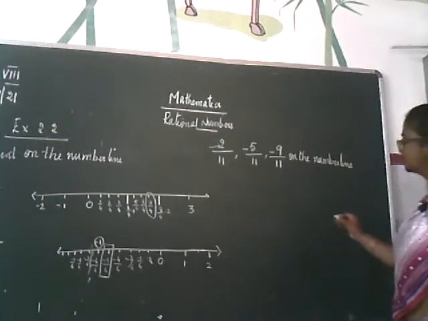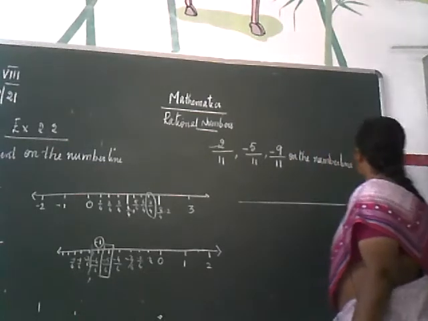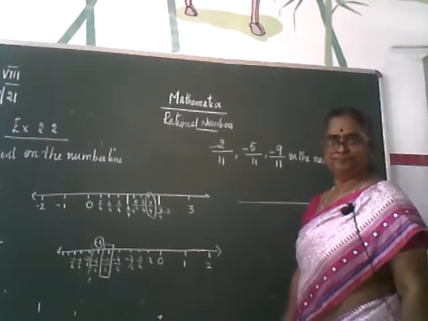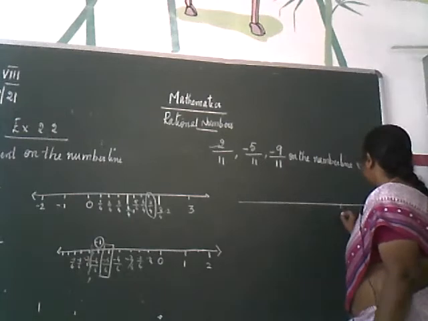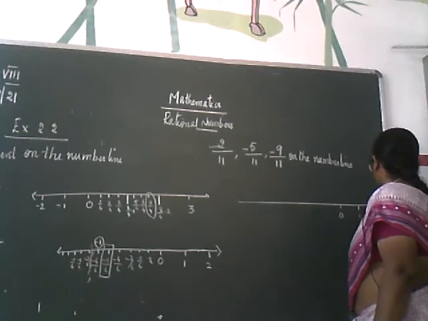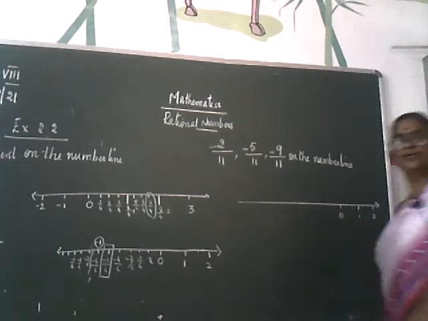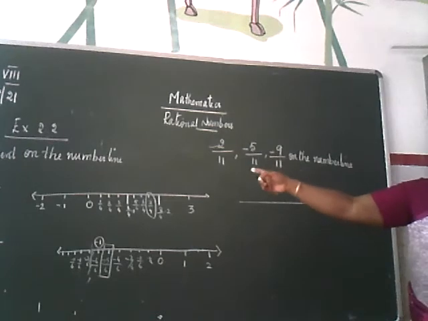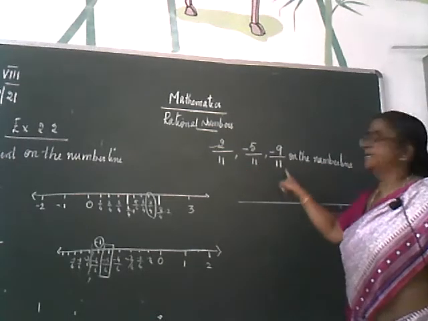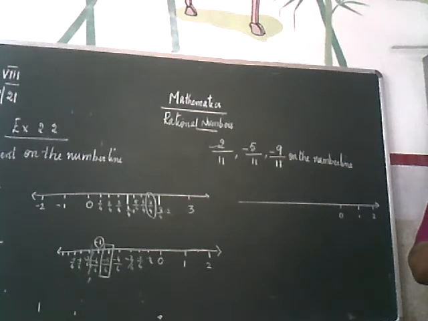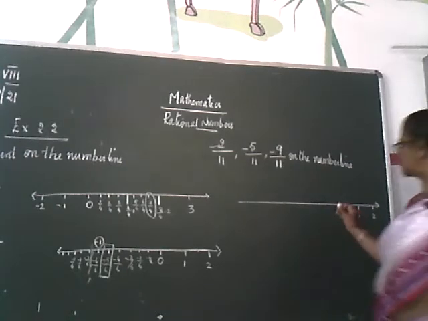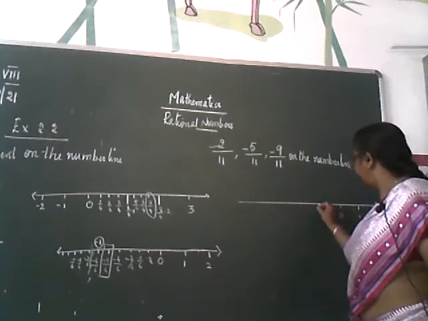Okay. Because you will have both positive and negative on the number line. So let me have 0, 1, 2. So this side you will have to divide by, yes, 11 by 11 is 1. So I should divide this into 11 equal parts.